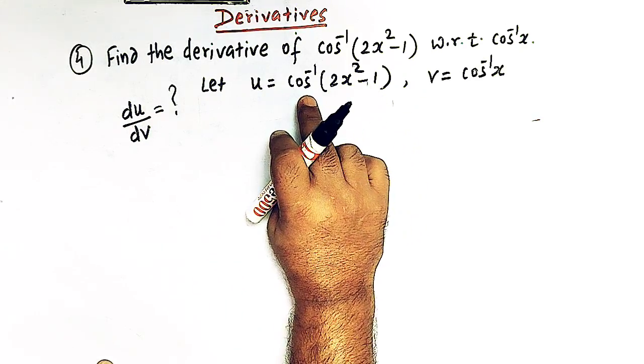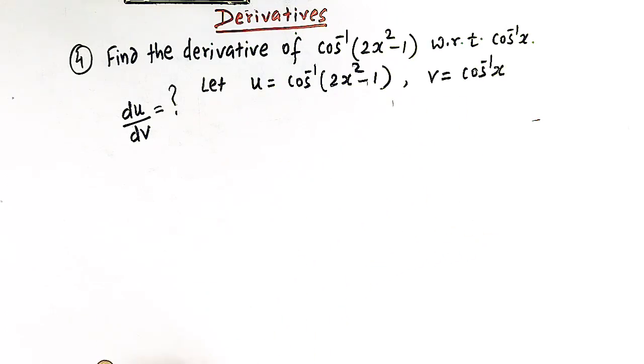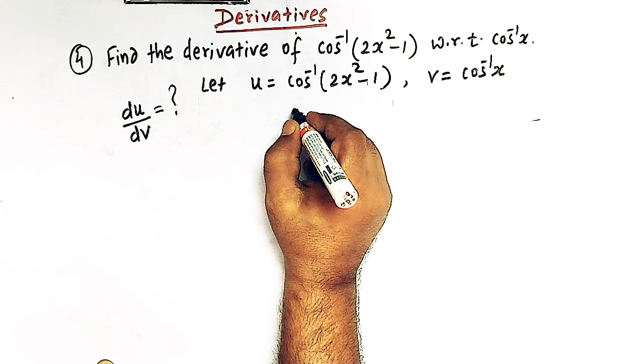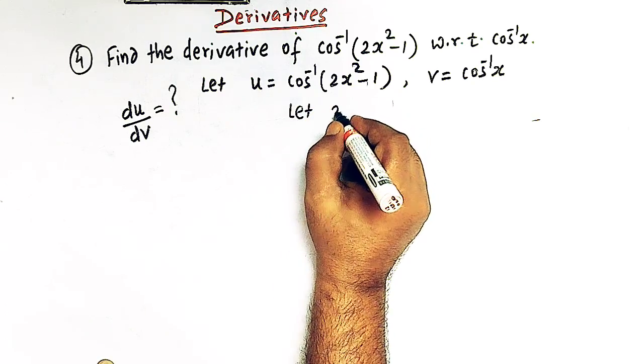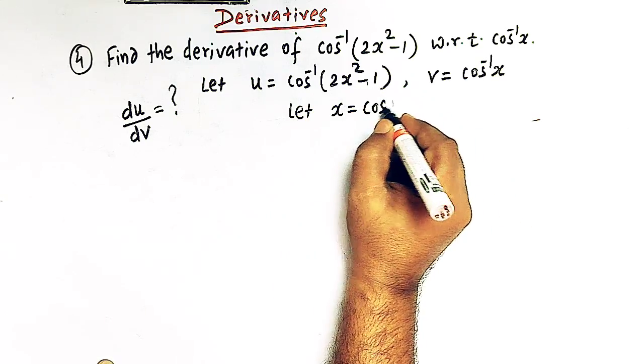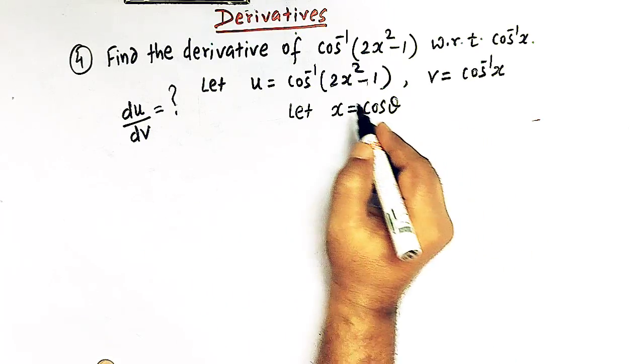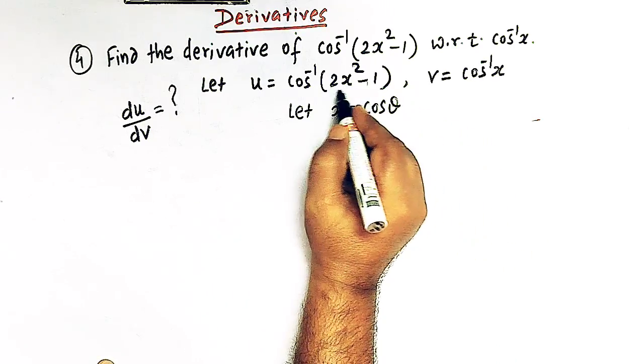Now here we'll first simplify this function by using a suitable substitution. So let us substitute x is equal to, say, cos theta, right? So we'll substitute x is equal to cosine theta in this function.